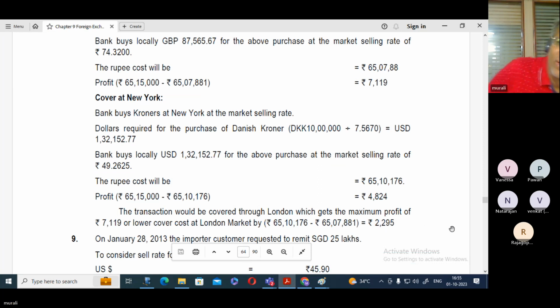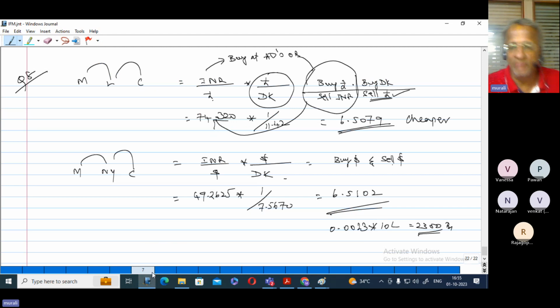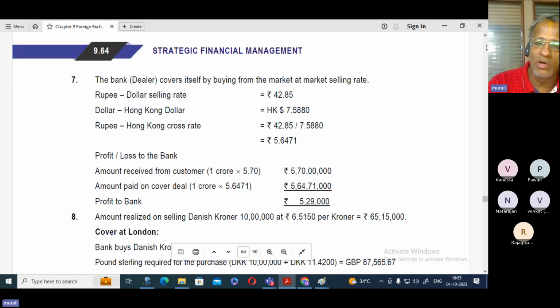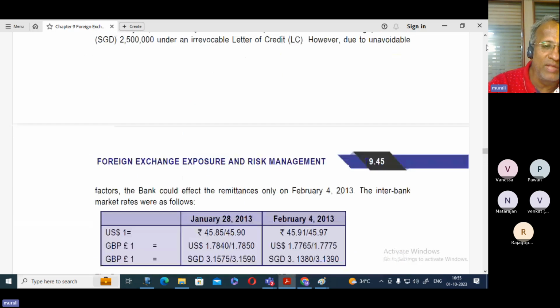Is that right? So this much you don't have to even try. If this is the problem, you don't have to try beyond this. This is cheaper. The question was asked only about which route to take, they don't want the profit computed.